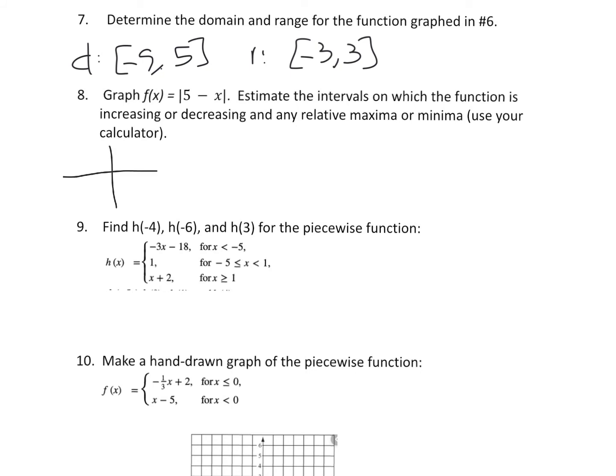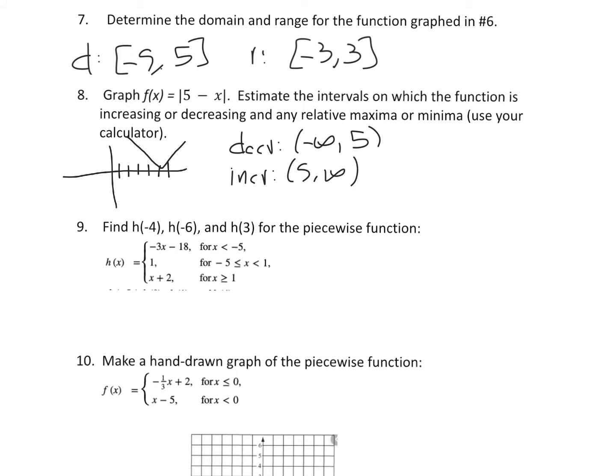So I'm going to put a rough sketch of what my graph looks like. Absolute value is always a V shape. It hit the x-axis at 5 and bounced right back up. So it's decreasing from -infinity until it gets to the 5, and then it starts increasing once it gets to the 5 until it goes to forever.